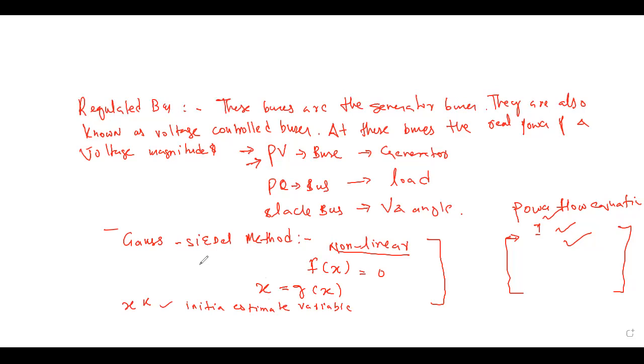If x of k gives some value, what would be my next value? x of k plus 1. Similarly, what would be my x of k plus 2? So if I'm doing two iterations, x of k plus 1 would be equal to g of x of k, because this was x is equal to g of x.